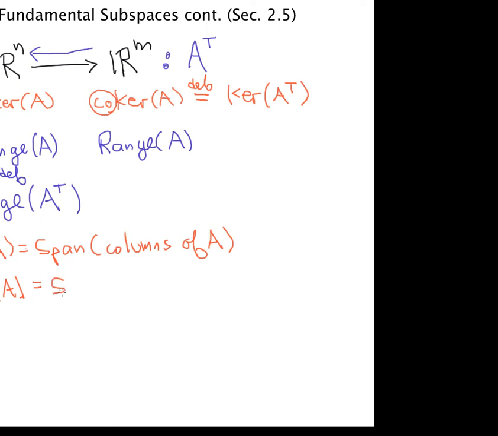It's the span, well, it's the columns of the transpose, but that's just the same thing as the rows of A. And one final thing is that the dimension of this thing is the rank of A.